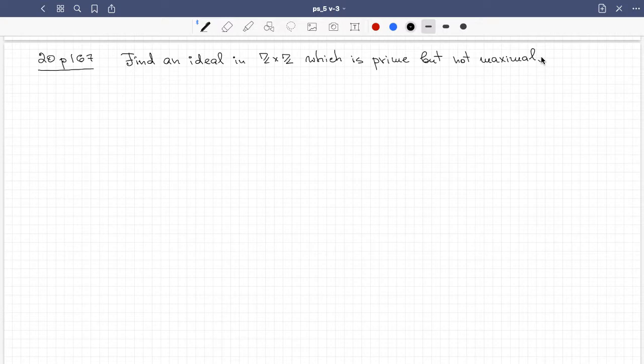The solution. Let me first recall what Z cross Z is.